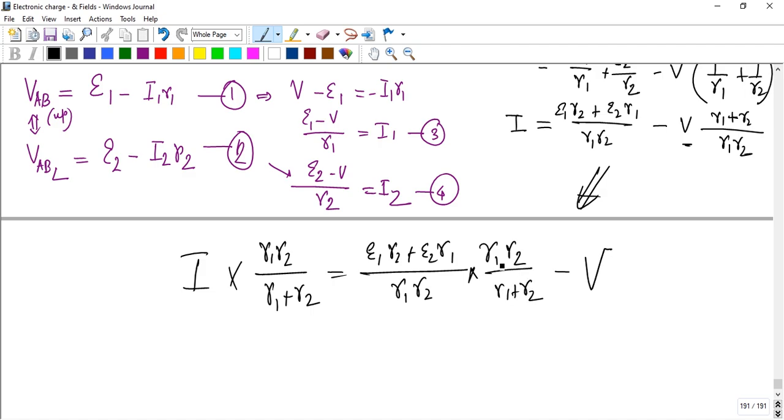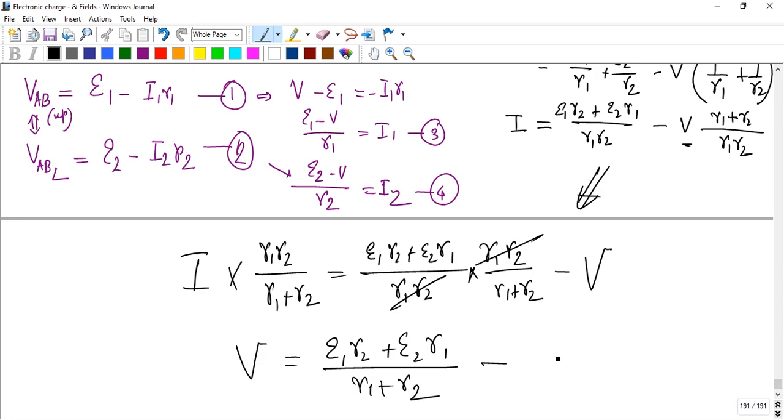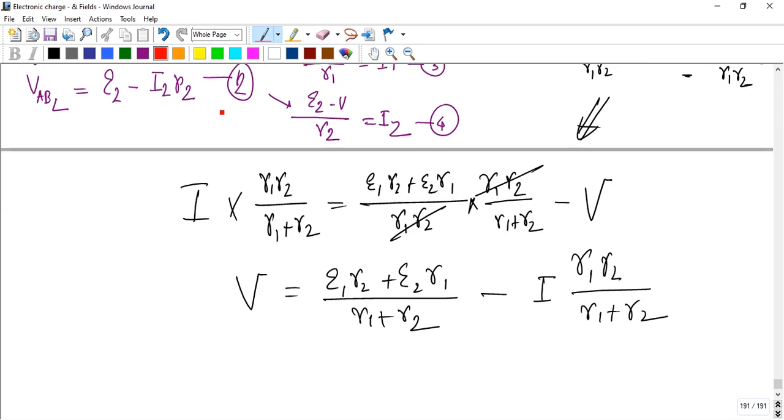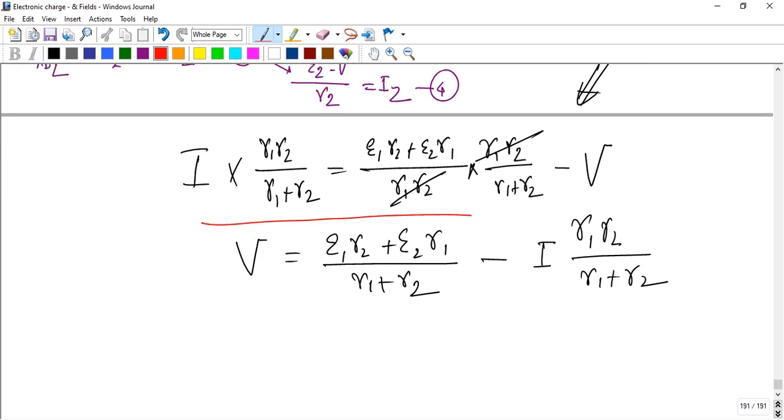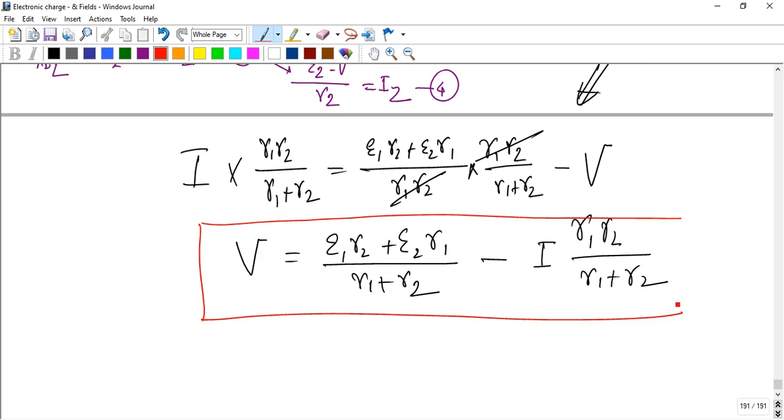So cancel these two, and V equals (epsilon 1 R2 plus epsilon 2 R1) by (R1 plus R2) minus I R1 R2 by (R1 plus R2). That's the final expression of potential.